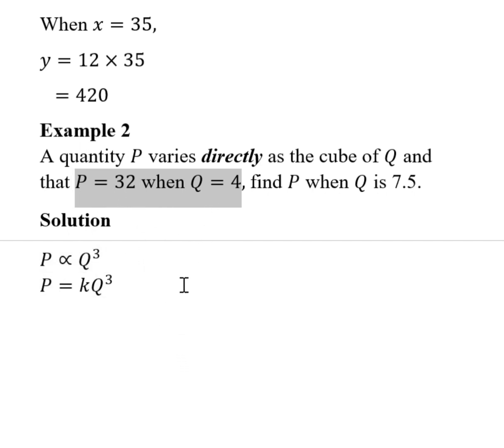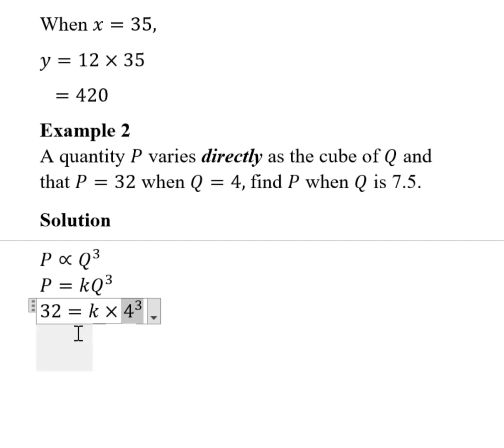So we shall have 32 is equal to k, which we are looking for, times q, which is 4, and it must be cubed. So times 4 cubed. When you do that, 4 cubed is 64, times k gives us 64k. So the equation looks like 32 is equal to 64k.